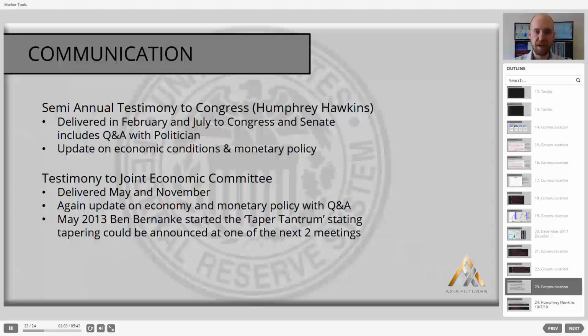Key to remember here is you get this over 2 days. So one day is to Congress, one day is to the Senate. Generally, the statements are identical. The statements are released just prior to the actual reading of the statement as well. This is to stop any conflict whereby people may see the statement before it actually gets read out.